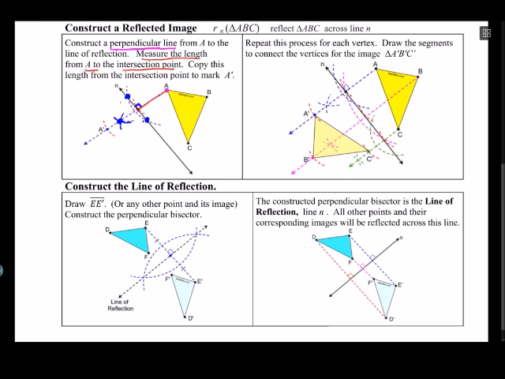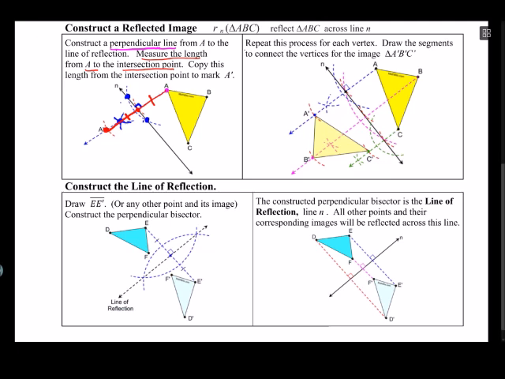And we know that our line of reflection is the perpendicular bisector of the segment between our points. So we measure this length, and then we just measure on to A prime. So these two segments will be congruent.